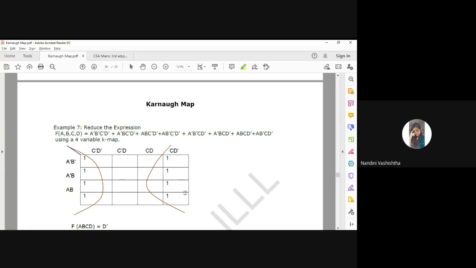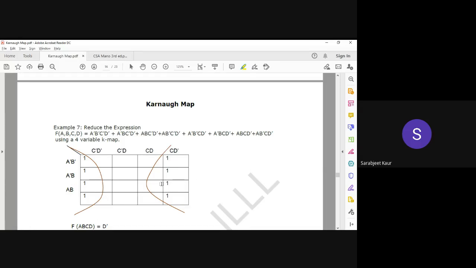Ma'am, we can make an octet. Yes, we should make the largest possible group first. And since we had discussed that a Karnaugh map could actually be viewed as a circular paper with both its ends folding to join each other, these four ones can be considered as contiguous to these four ones.